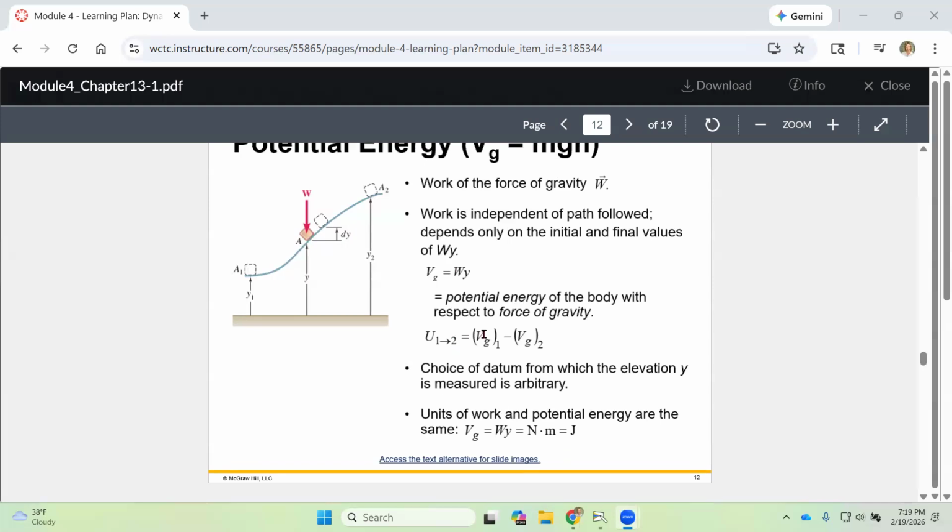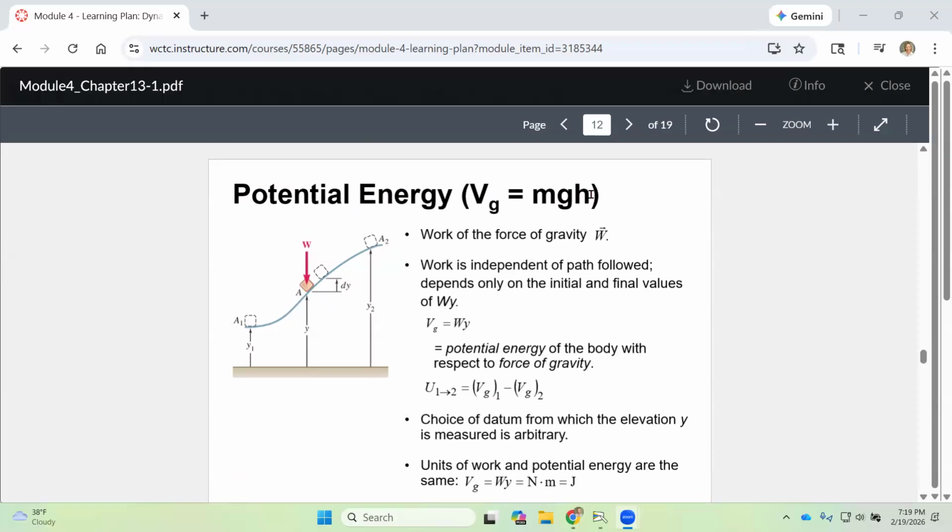Now, if we look at the original potential energy and we subtract off the ending potential energy, that difference between those two is going to give us the work that is done. And that happens because of the height changing. So if our initial height is higher than the ending height, then that means that we lost potential energy through that process.